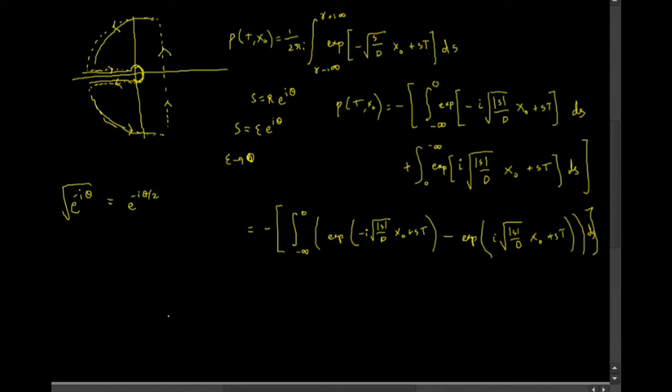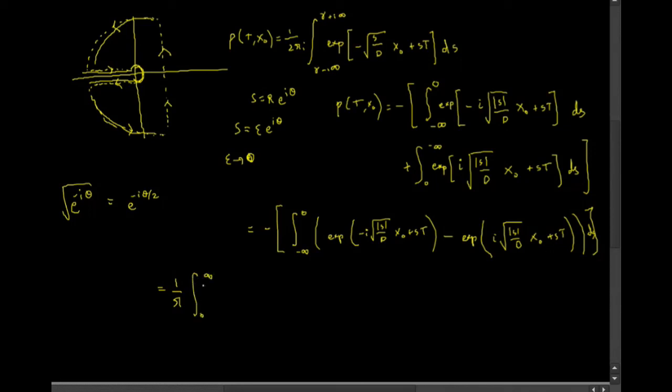And what you see if you simplify this or factor out the e to the st is that this is exactly equal to 1 over pi times the integral from 0 to infinity.